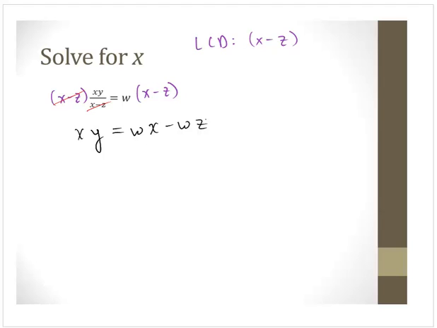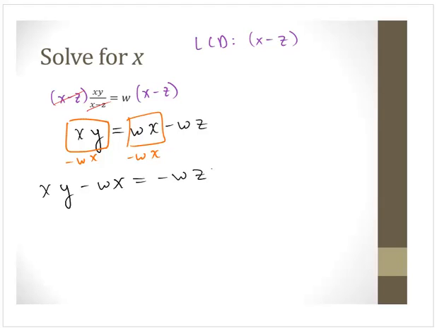Now I'm asked to solve for x, and what I see is that there are two terms that have x in it. I want to get both of those terms with x on one side. So what I'll do here is subtract wx from both sides, yielding xy minus wx is equal to negative wz.